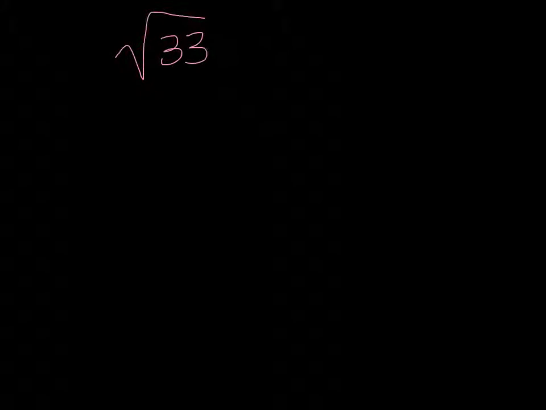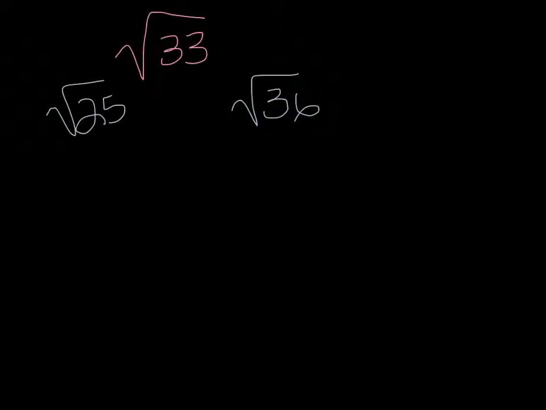If I want to find the approximation for the square root of 33 to, say, the nearest tenth, again, we know that the nearest square roots to 33 are the square root of 36 and the square root of 25, which is 6 and 5.